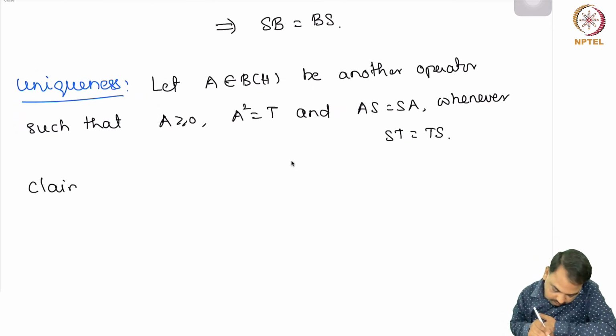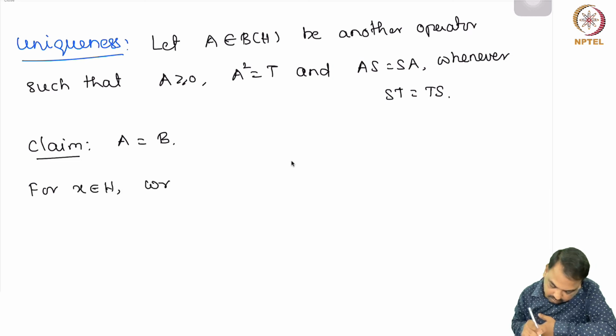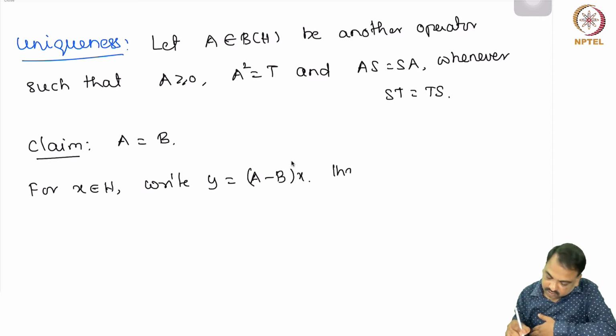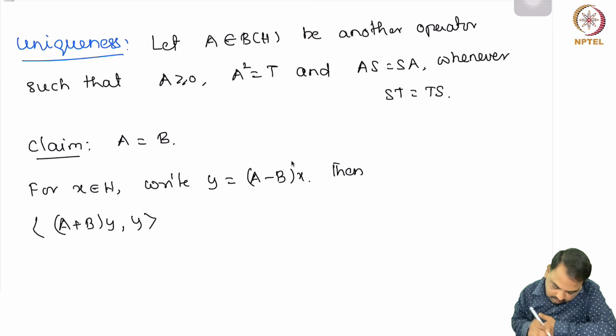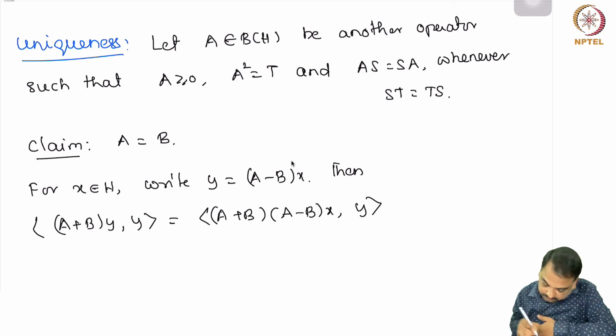So the claim, let us write y as (A minus B)x. Then if you look at ((A plus B)y, y), this can be written as (A plus B) multiplied by (A minus B) acting on x, inner product with y.